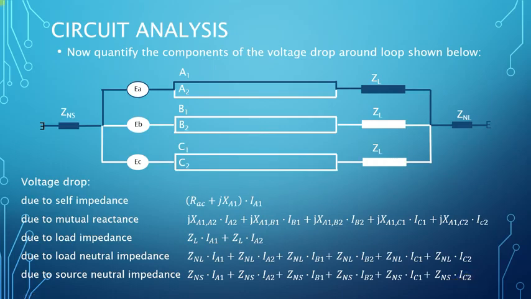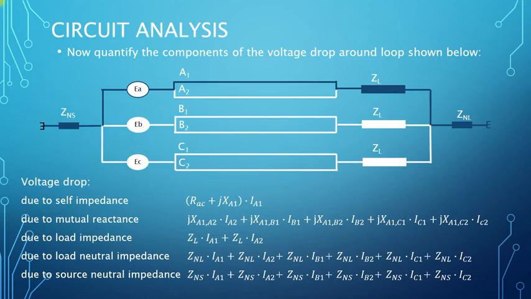Now it's clear from this slide that even looking at one conductor of the 6 conductors in our two three-phase circuits, the voltage drop becomes quite complex.